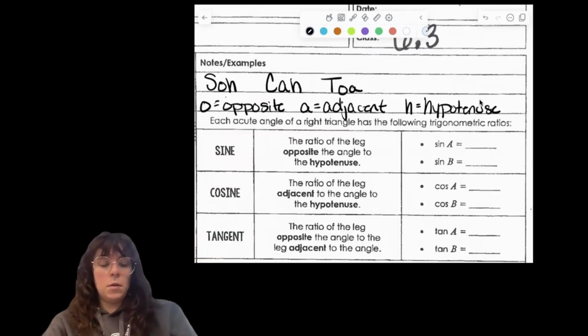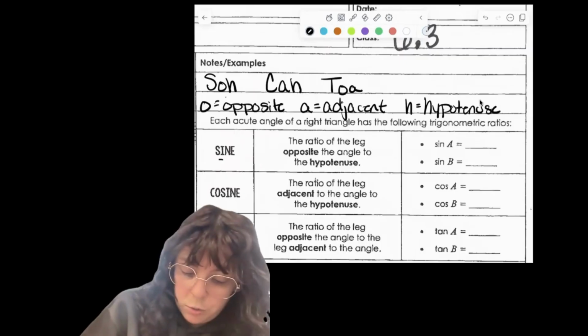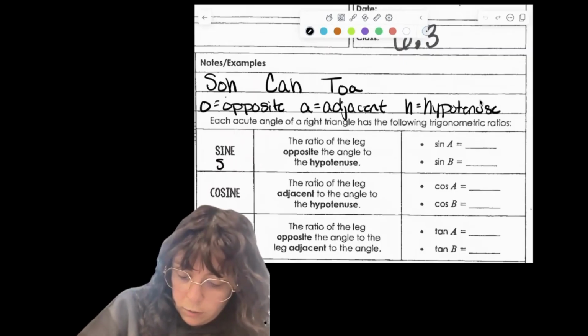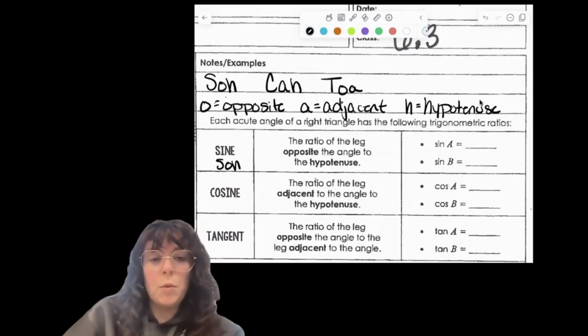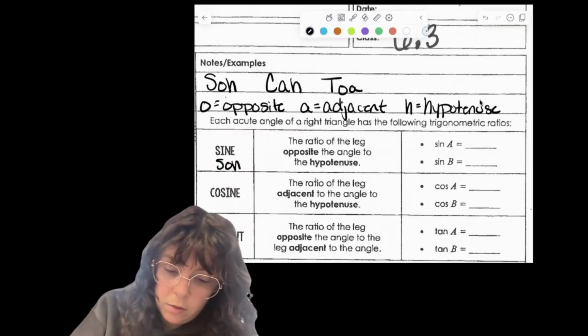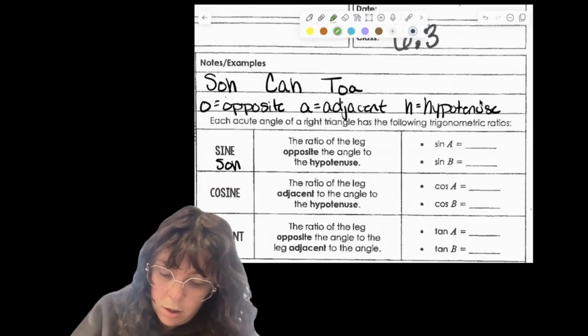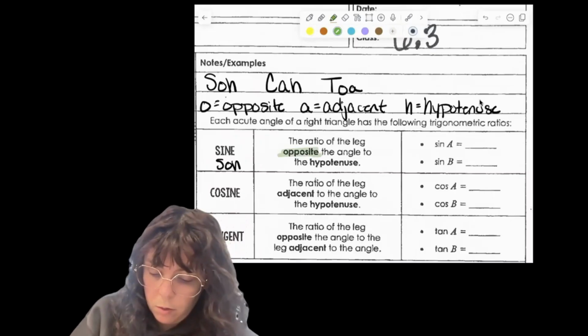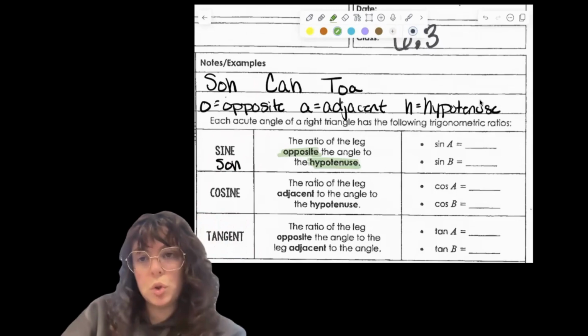So in sine, we are referring to SOH, because it is the opposite over the hypotenuse.